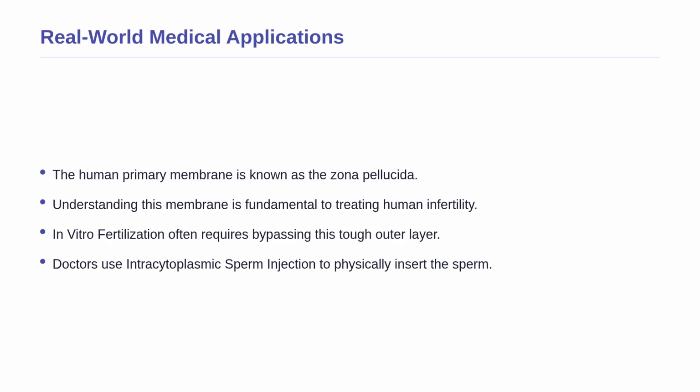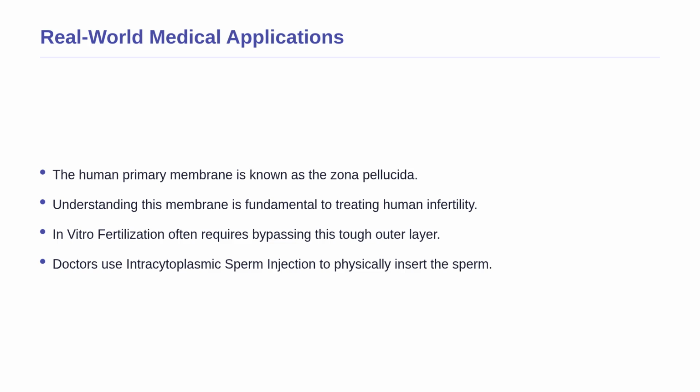Beyond nature, these biological locks have profound implications in modern medicine. In humans, the primary membrane is called the zona pellucida, and understanding it is fundamental to treating infertility. During in vitro fertilization, doctors sometimes encounter situations where a patient's sperm lacks the natural enzymes required to penetrate this tough membrane.